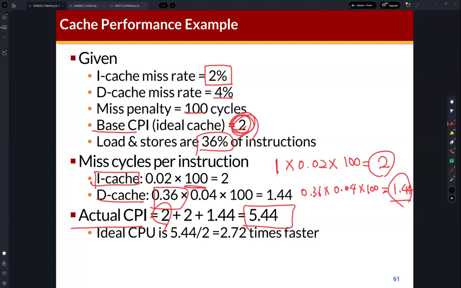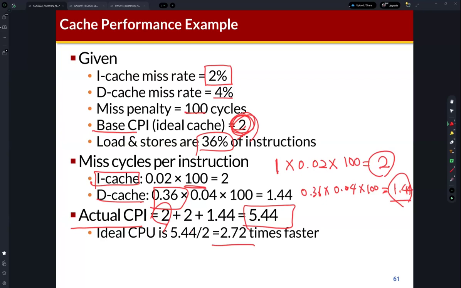If we compare the performance of the ideal CPU and the actual CPU, the CPU with the memory system, then the ideal CPU is 2.72 times faster than the more realistic CPU that considers the cache misses. Okay, so we can calculate the performance impacts of the memory system like this.